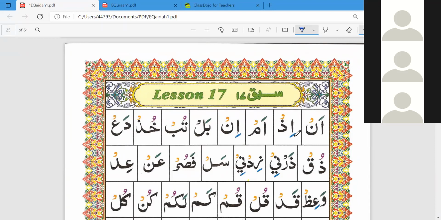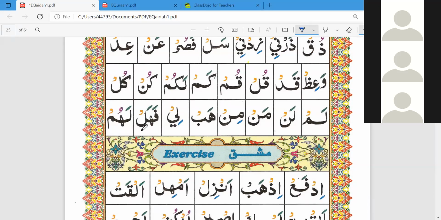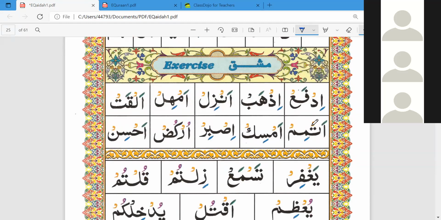An, id, am, in, bal, tub, khudh, da, ذوق ذرني صدني سال فصور عن لي فهل لهم idfa. Id. Remember I said we have 5 letters for qalqala. That is one of them. We echo it.